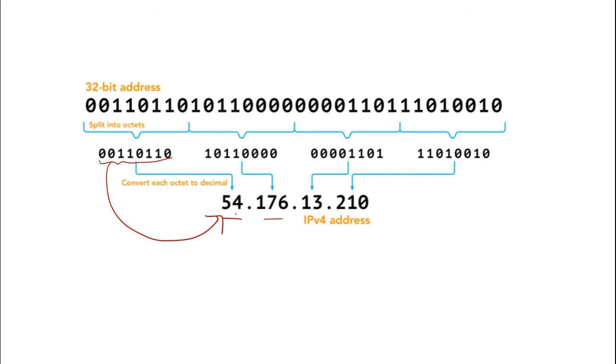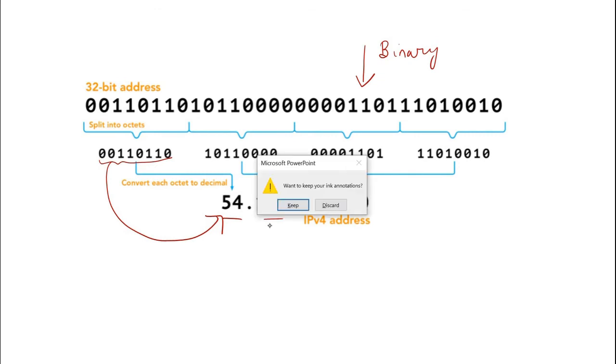I don't say that this is very easy to remember, but obviously it is quite easy to remember rather than this binary number, right? So that's why we write it in the decimal format, and that's also divided into the 4 octets.